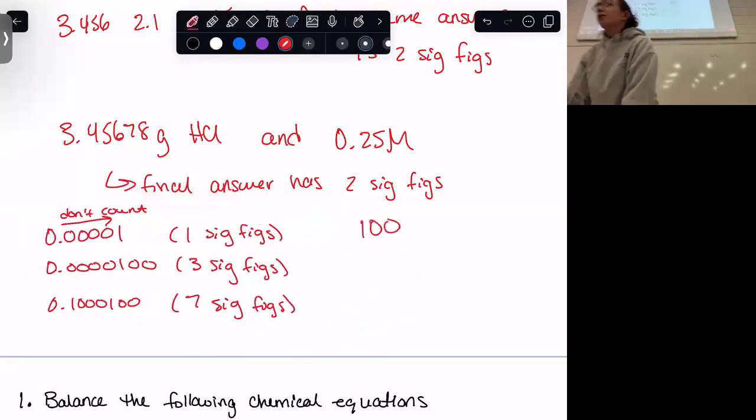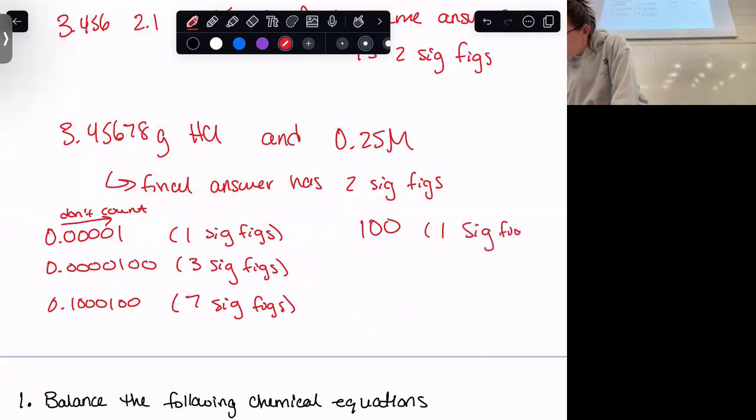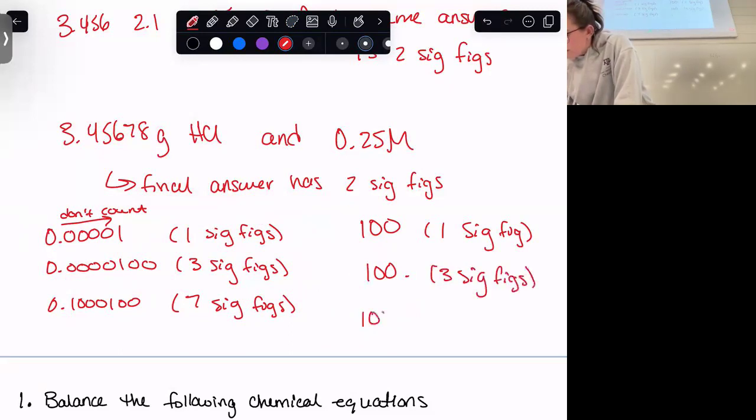If we just have 100, how many sig figs do we have? This is only 1. If we have 100 and a decimal point, we have 3. We have 1,001. We have 4.